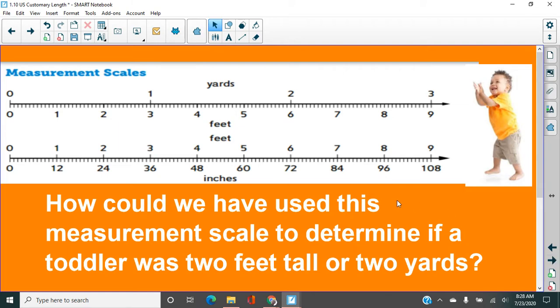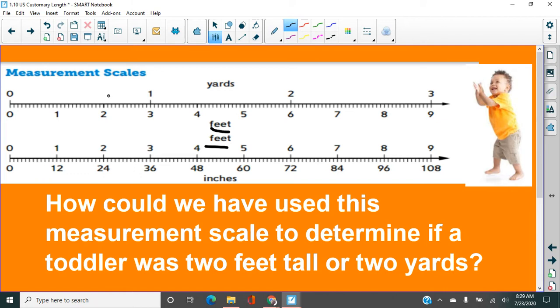All right, so we have these measurement scales that we're going to have not just in this lesson, but in lots of lessons. They're good visuals to help us out. It says, how could we have used this measurement scale to determine if a toddler was 2 feet tall or 2 yards tall? So what we can do with these measurement scales is look. So here's feet, and here's feet as well on the bottom.